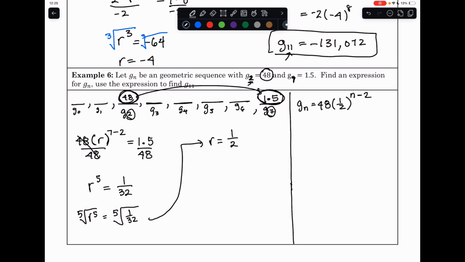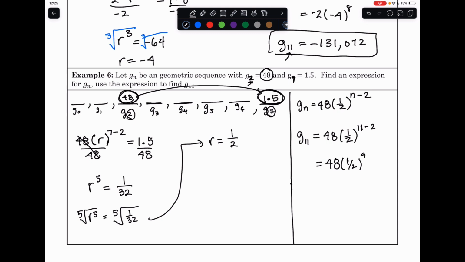And now using this, I can evaluate and figure out what the 12th term is. So 11 minus 2, that's 9.